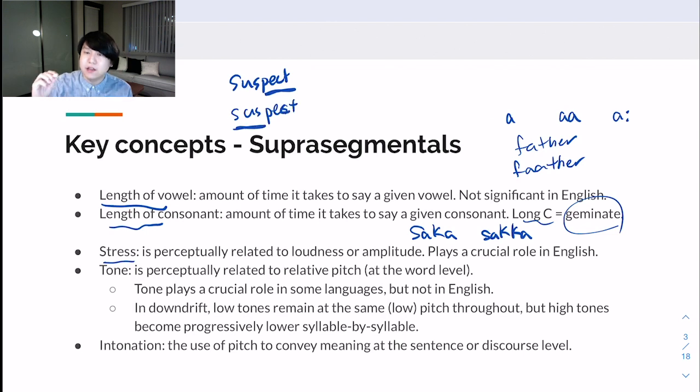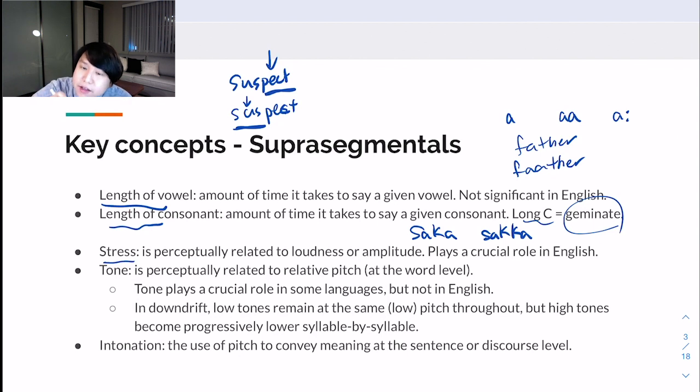The underlined part is the stressed syllable. When you use this word as a verb, like I suspected you, someone suspects the other person, the stress falls on the second syllable. While when you use it as a noun, like the person we're suspecting is a suspect, the syllable that gets the stress is the first one.